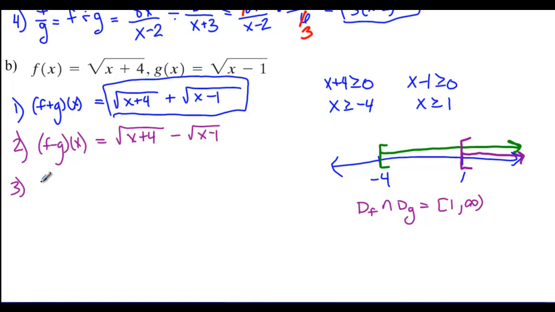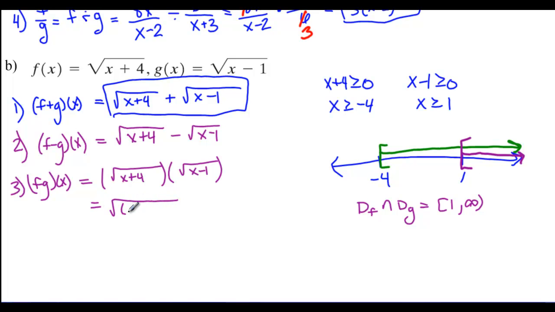So for part 3, f times g of x, we're going to do the square root of x plus 4 times the square root of x minus 1. And because these are both square roots, we can combine underneath that x plus 4 times x minus 1.